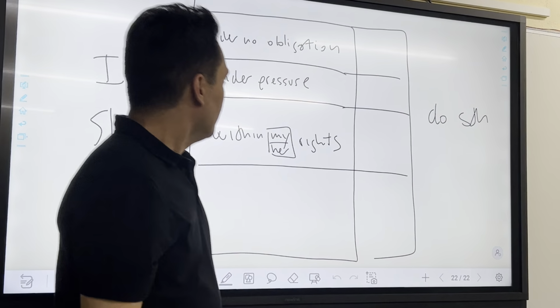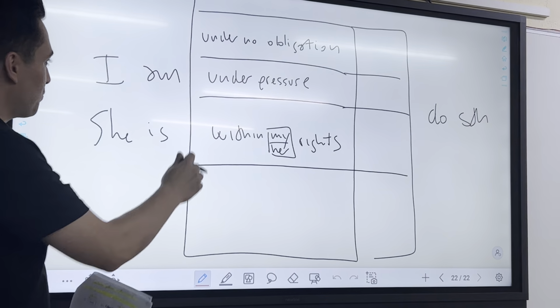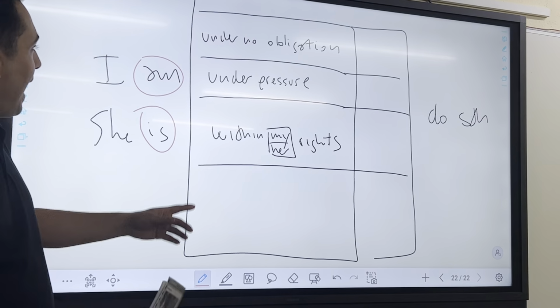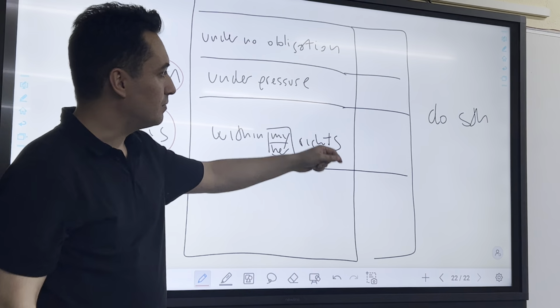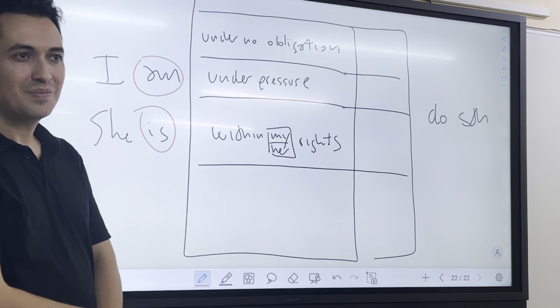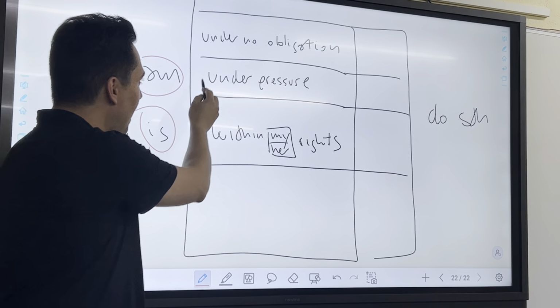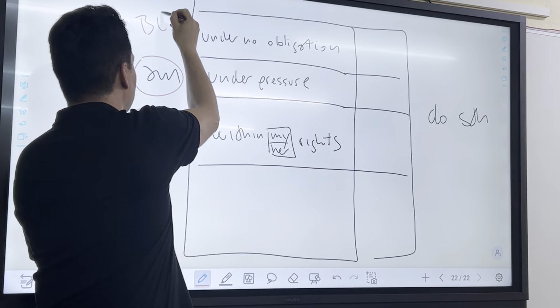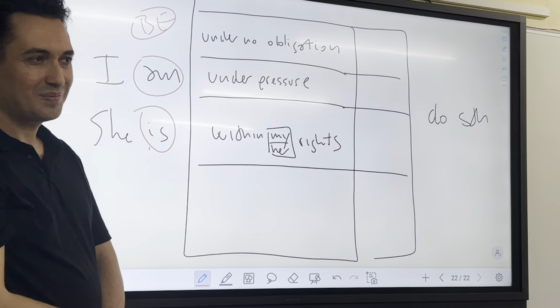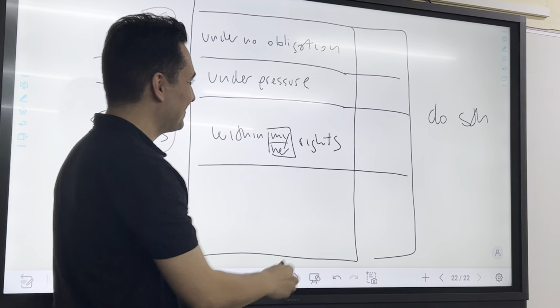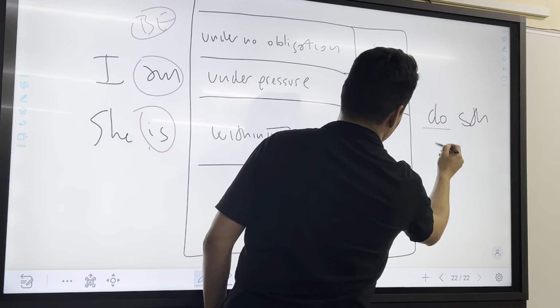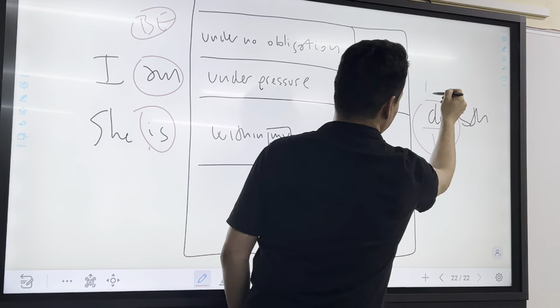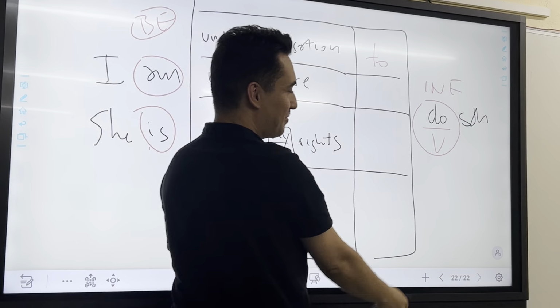I am, she is, with the verb to be. I am under no obligation to do something. She is under no obligation to do something. Have a look at this. What is this? This is an infinitive, yeah?